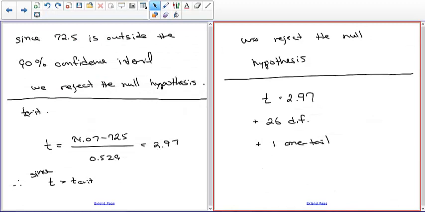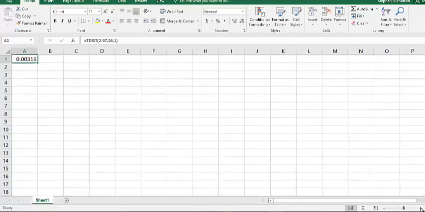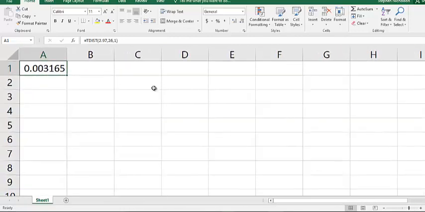Okay, so I couldn't find one in Google Sheets, so I'm just going to show the answer in Excel. So the function, if I make this a little bit bigger so you can see it, is equals tdist, left parenthesis, you put in the t-score, 2.97, number of degrees of freedom, 26, number of tails, 1. You get a p equal to 0.003.